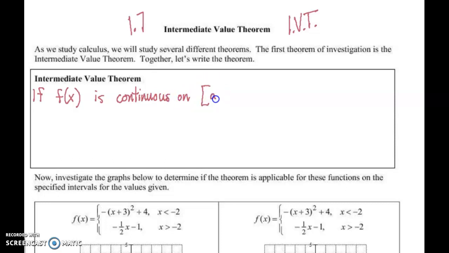I don't know what those intervals are, so I'm just going to give a blanket statement, from A to B. Now, it has to be a closed interval.